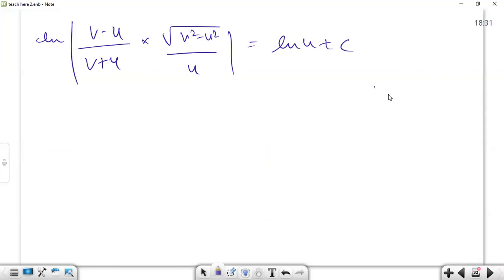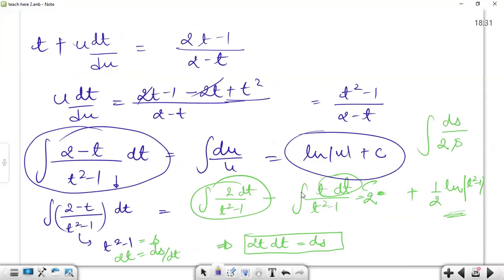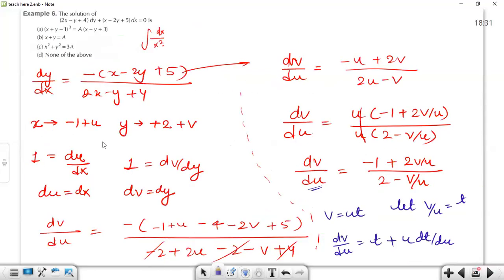Now we have to back substitute the value of v and u. What was v and u? So x plus 1 is equal to u, and y minus 2 is equal to v. So now we will back substitute the values of x, y, u, and v.